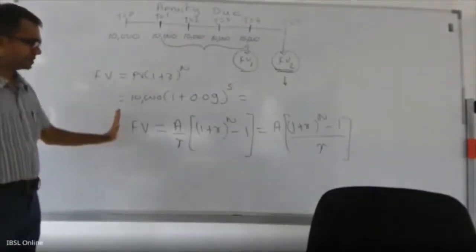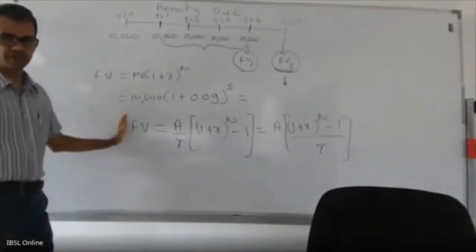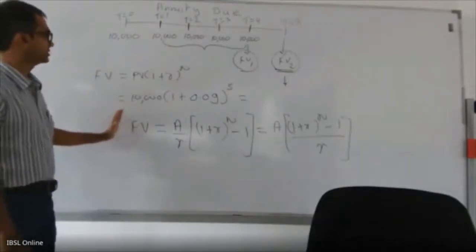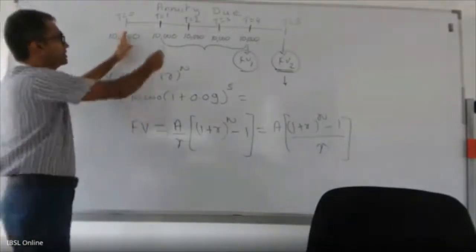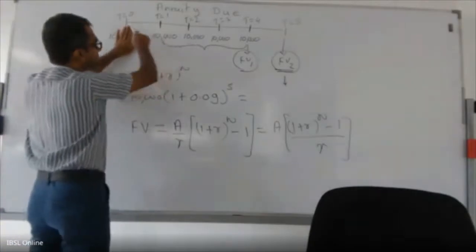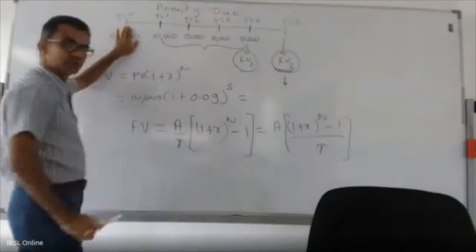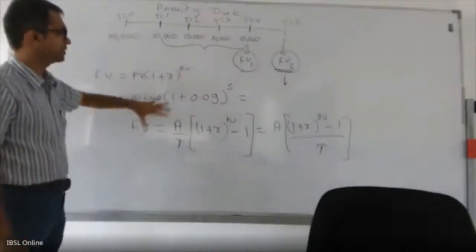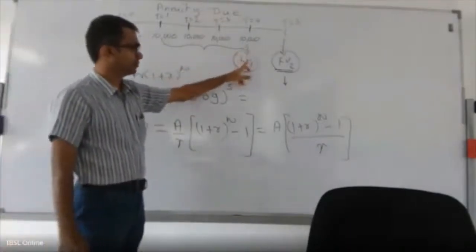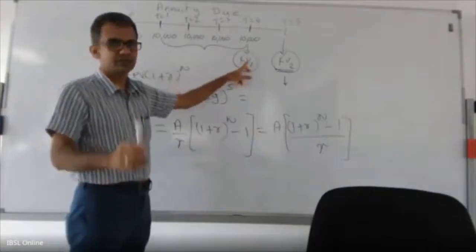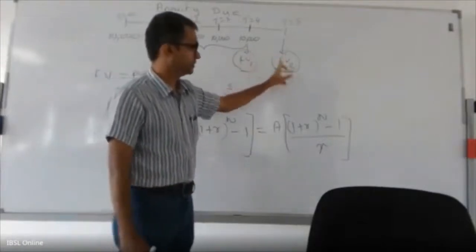But this equation is valid for ordinary annuity. So in that sense, we assume we receive cash flows at the end of the first year, second year, third year, and 4th year. Therefore, we get the future value at the end of the 4th year. But we need the future value at the end of the 5th year.